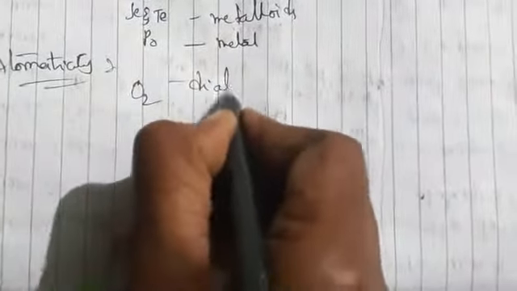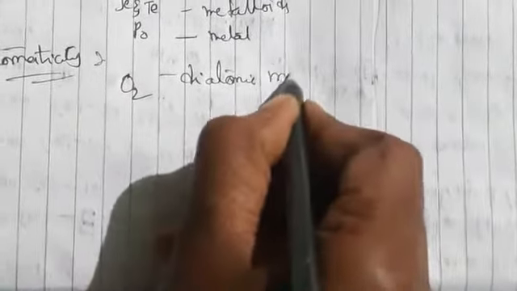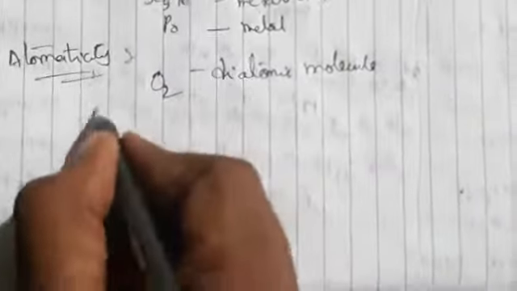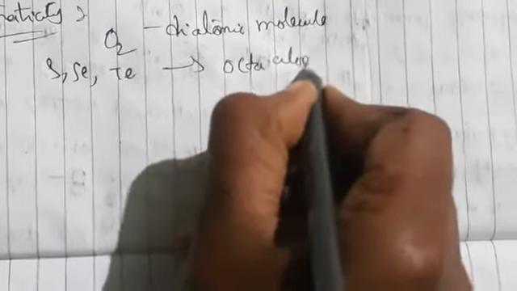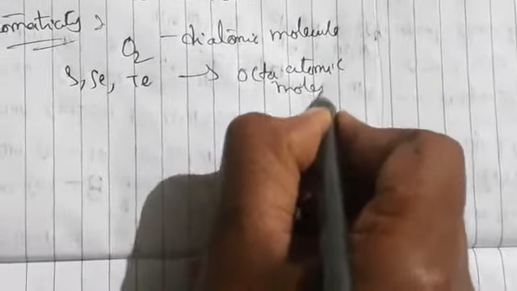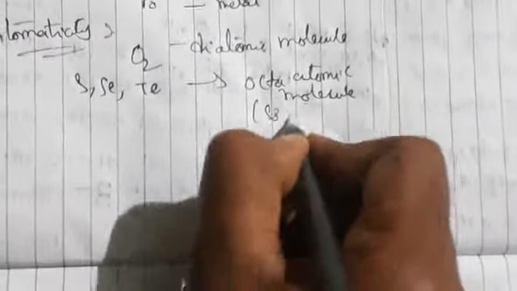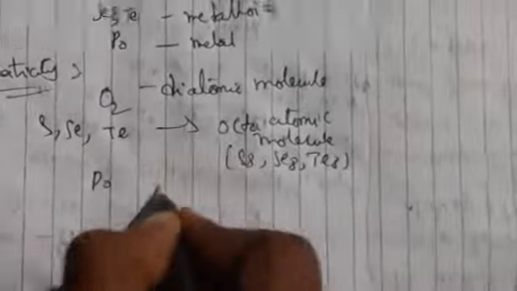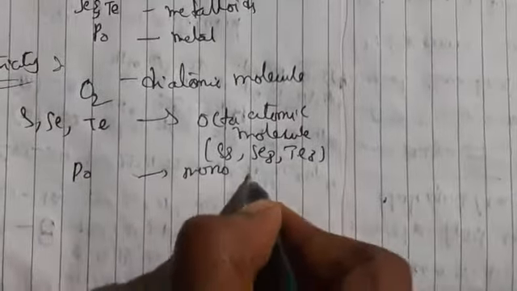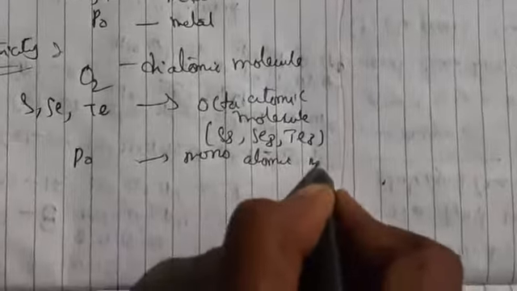Sulfur, selenium, tellurium, they exist as an octatomic molecule, meaning how it will be having S8, Se8 and Te8, like this it will show. And coming to polonium, polonium is a monoatomic molecule, it is going to show here.